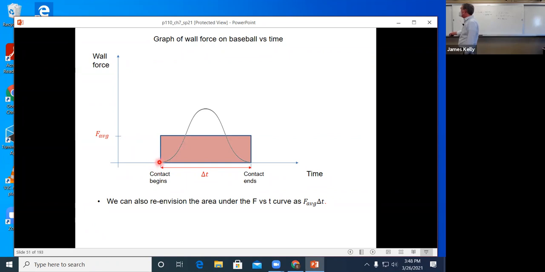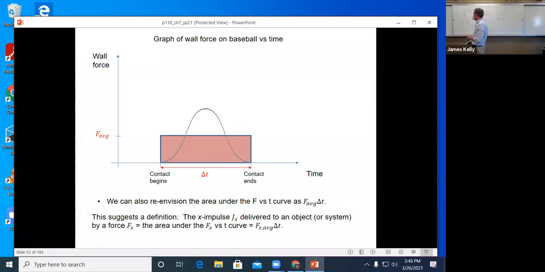The area under the curve is delta T times F average. I know how to calculate the area of a rectangle. But there are a lot of cases where it really is a curvy curve, and you might need more information to know the area under the curve. The bigger the area under the curve, the bigger the effect on the change in the state of motion of the system.